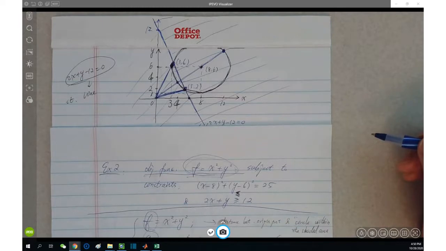Looking for the minimum value, minimum distance, once again. Same question. Then what is the answer this time? Anyone knows? What is the answer?